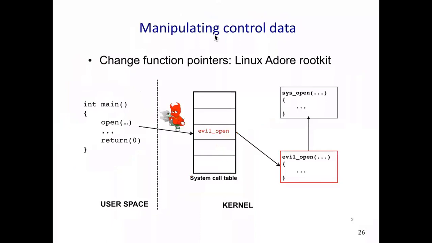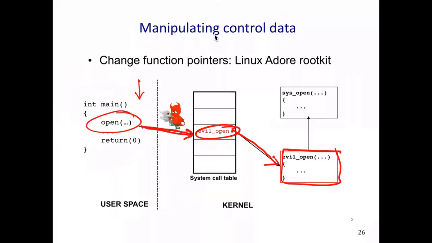Now what can happen is that this open call will come here, but you change the pointer to my own open, right? So it's malicious code. The system call is correct, and nobody will come to know. The user will use the same system call, user level processes, and then it will come to the system call table. Once an interrupt is generated, it will come to the system call table.